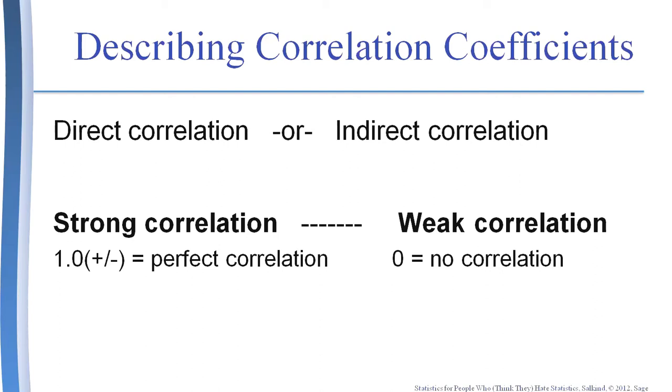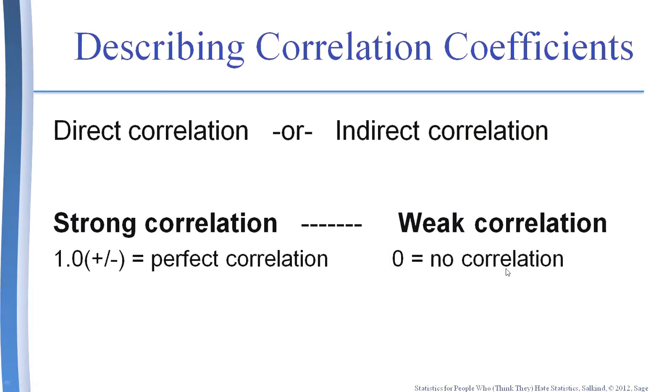That means that they're the same, right? In a weak correlation, the coefficient will always be 0. And that means that there's absolutely no overlap or no relation between variable A and variable B. And so there's a whole bunch of stuff in between, right? The strength of coefficients exists on this continuum from strong to weak.